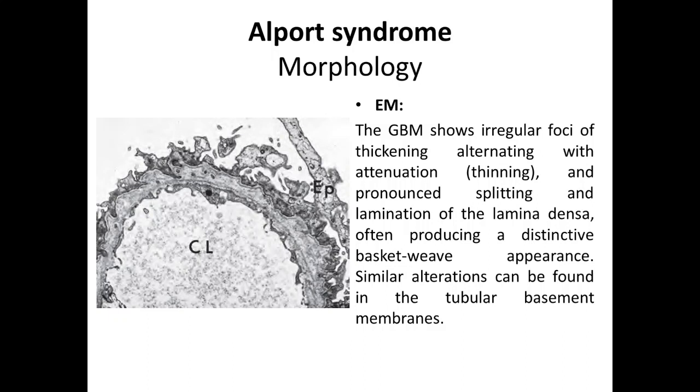Morphologically, electronograms show us thickened basement membrane with splitting and lamination of the lamina densa, which often produces a distinctive basket-weave appearance. Similar alterations can be found in the tubular basement membrane, and we can see thickening alternating with attenuation here.